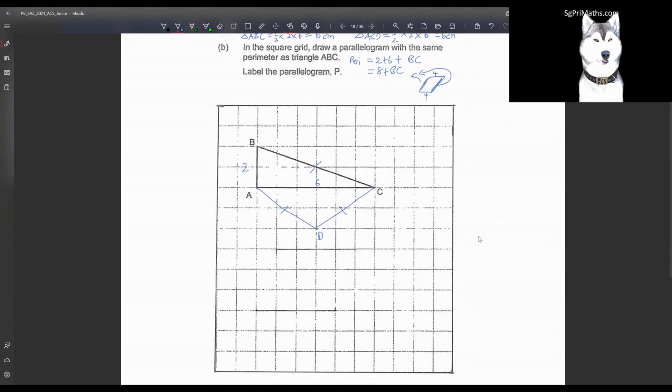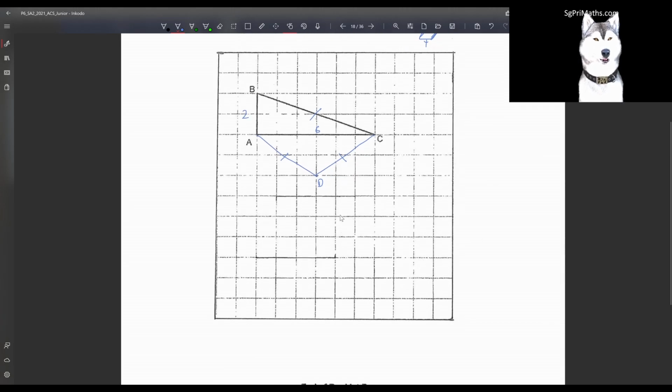Okay, so let's try to draw it out. Let's draw the horizontal one first, which is 4. So we need a thicker line. We draw 4 here, and then the slanted is 3 by 1. So in a 3 by 1 box, you draw from opposite ends. Then I draw this 1, half of BC.